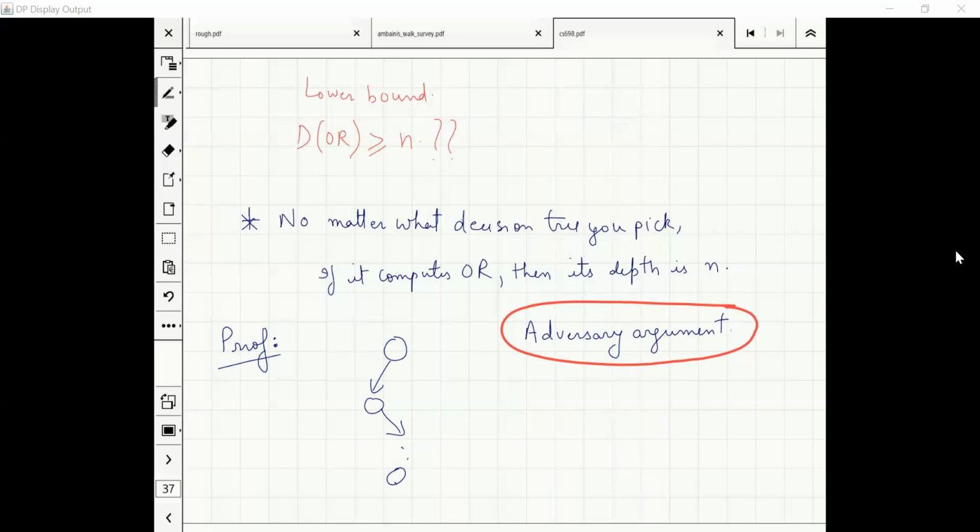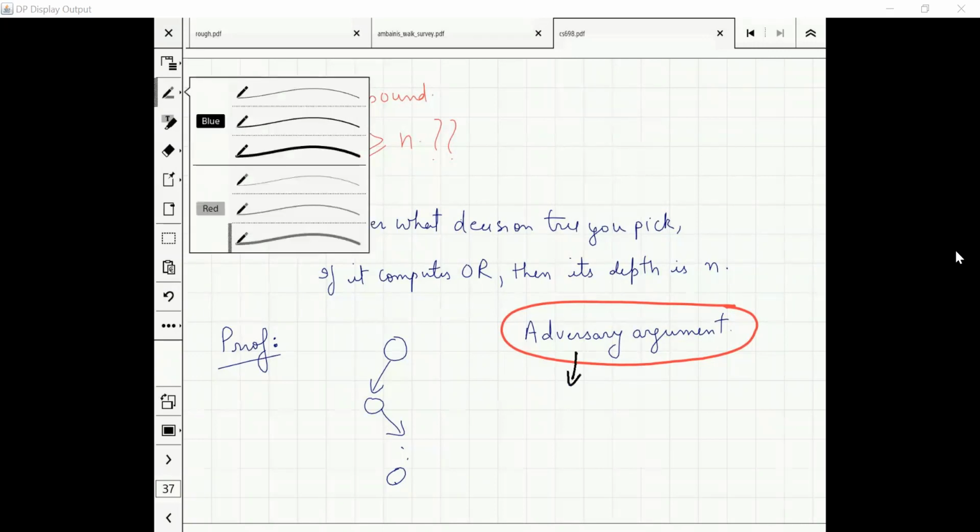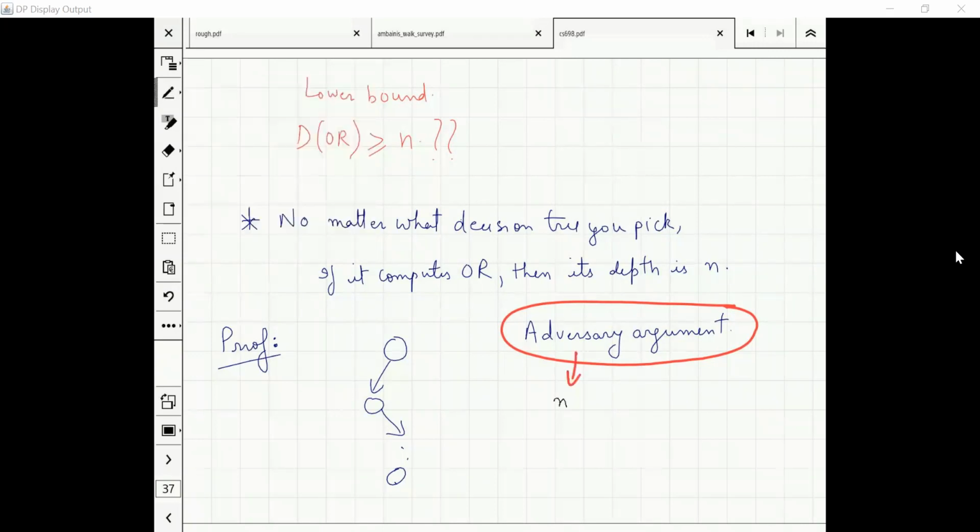Who is the adversary? The adversary is the person who is trying to prove that the function is hard. In this case, the adversary is the person who is trying to show that you will need at least n queries to find out.